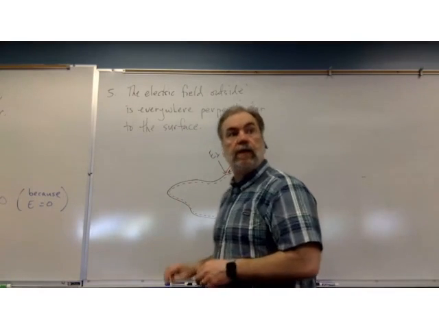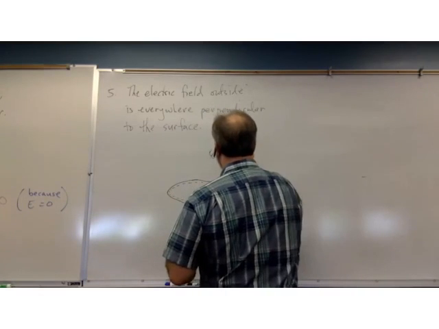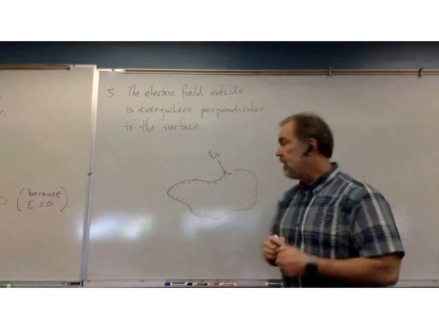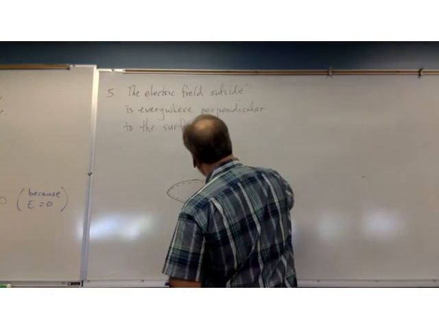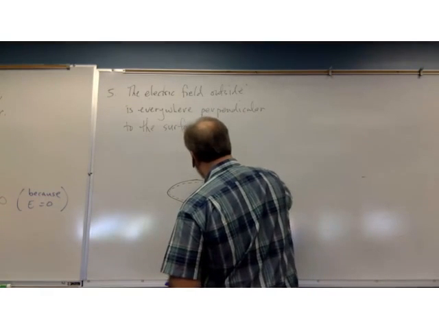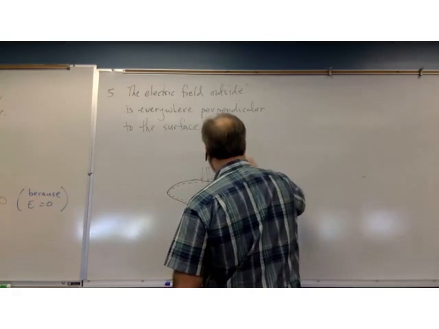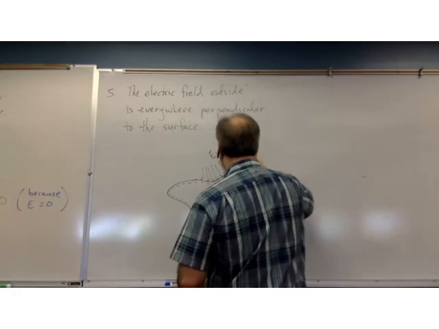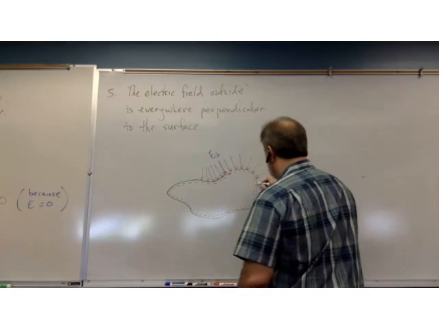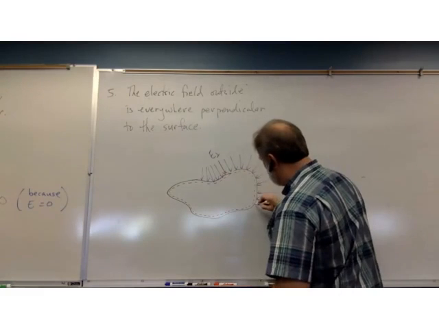And the result is that the electric fields never look the way that I offered up. In fact, what happens is all the parallel components vanish, and the electric field vector everywhere is perpendicular to the surface, and so you end up with a conductor that looks like a pincushion.